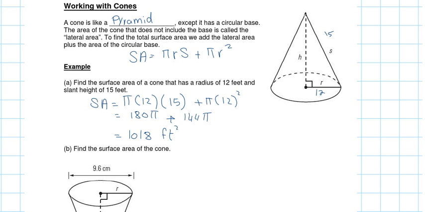So the answer that you should have got is this, right? But I rounded up. That's 1017, so what I did is I rounded this up to an 8. Okay, and then the unit for a surface area is square unit.